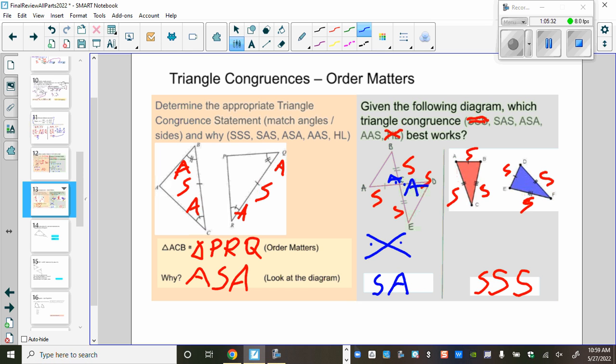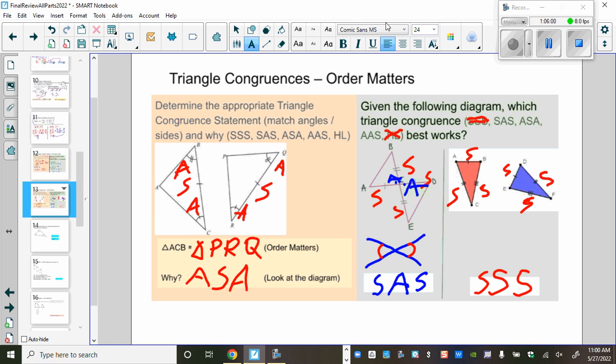S, A, S. These are vertical angles. I'll redraw that. Those are vertical angles here. So like here, there. All right.